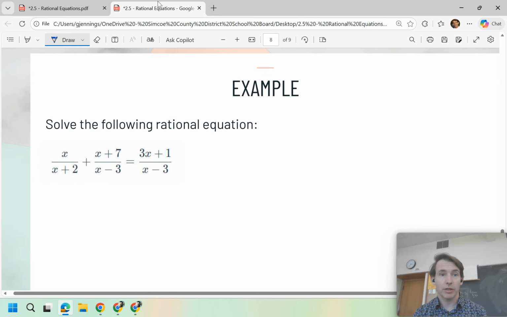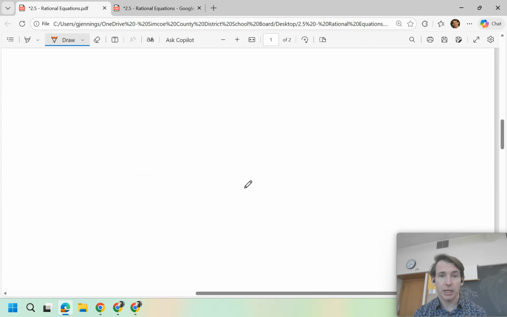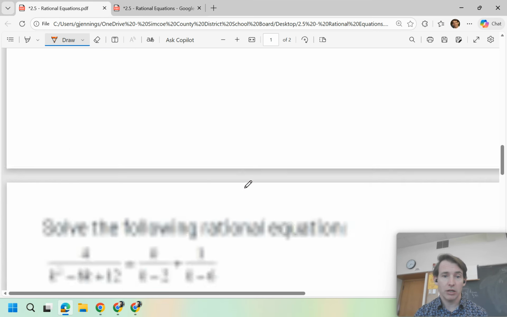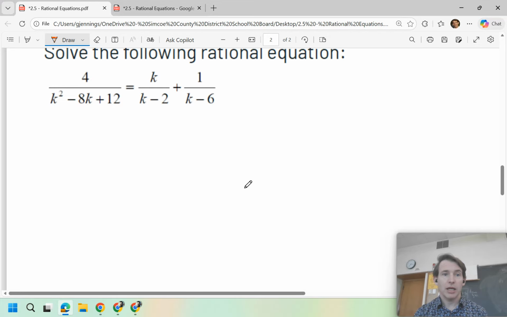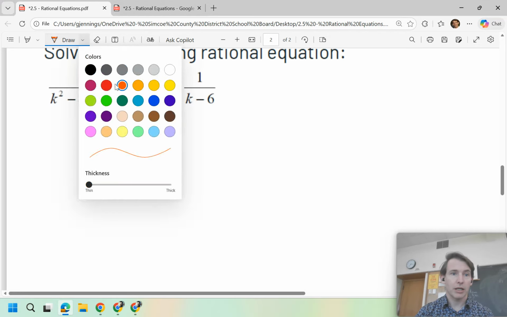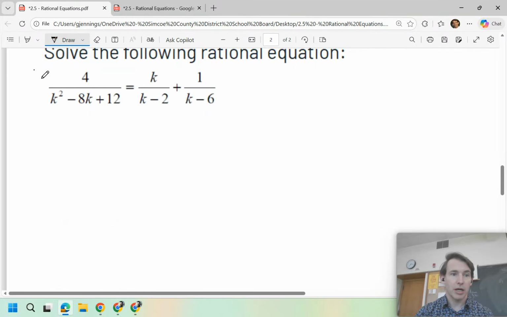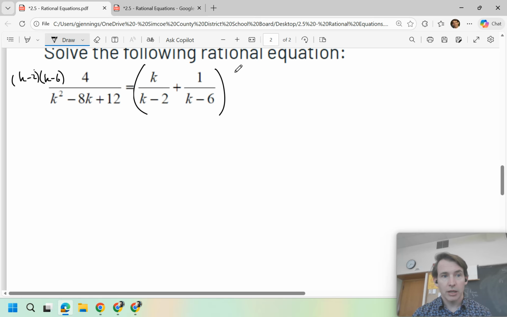This one I kind of want to show you step by step-ish because it can be tricky here. Let's try this one. If I'm going to go ahead and multiply this one by k minus 2, k minus 6 on both sides, I have to multiply the whole side by k minus 2, k minus 6.